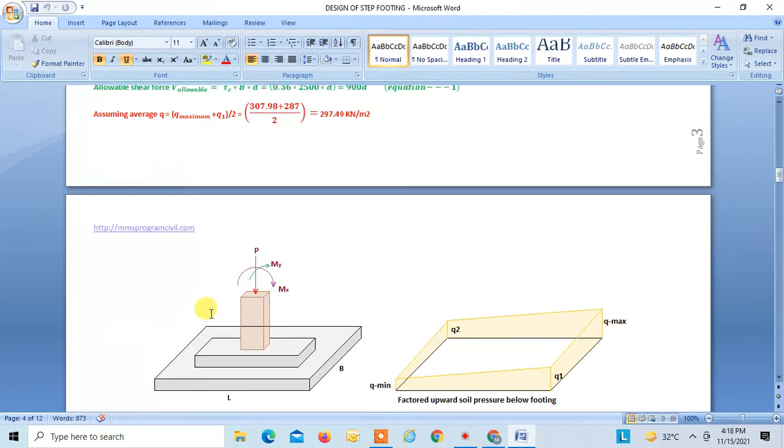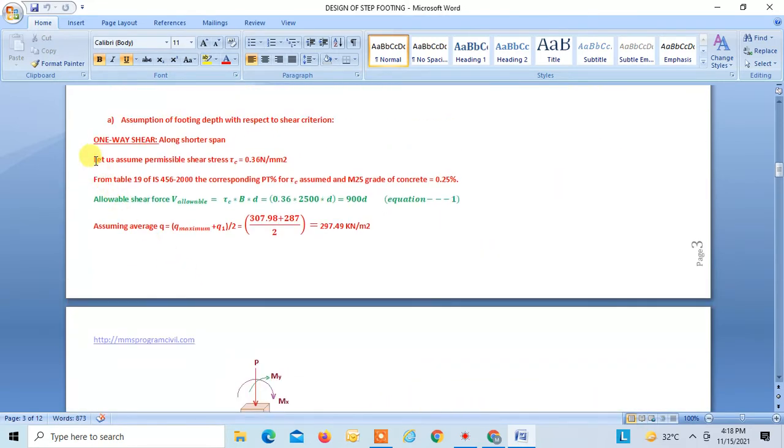Okay. So let us assume the permissible shear stress tau C is equal to 0.36 Newton per mm square. From Table 19 of IS 456:2000, the corresponding percentage of steel for this tau C when your concrete grade is M25 is found to be 0.25%.